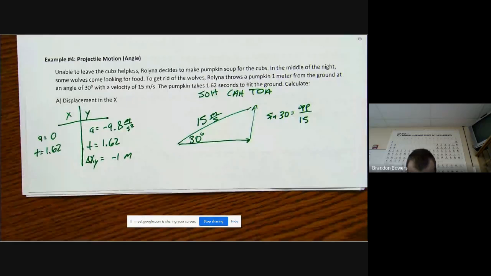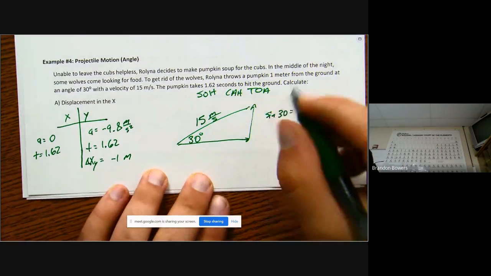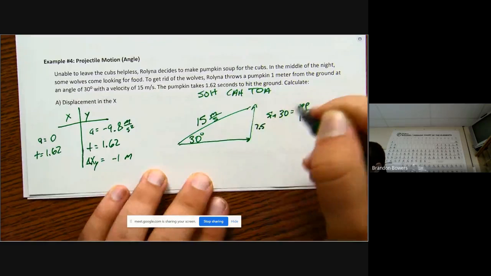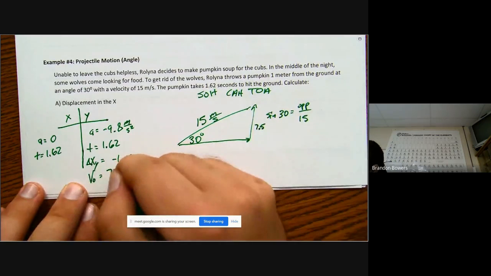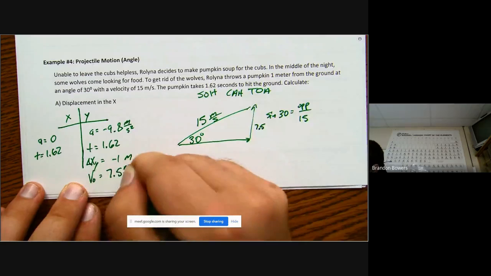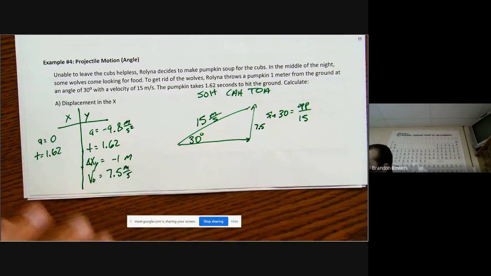All right, so sine of 30 times 15. I got 7.5. All right, so my initial velocity in the y direction is 7.5 meters per second. Beautiful.